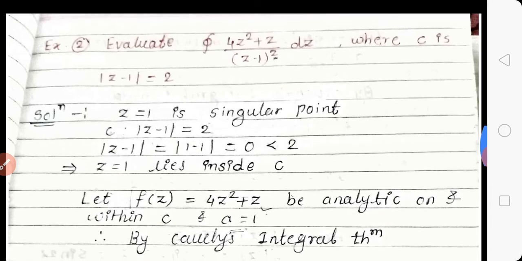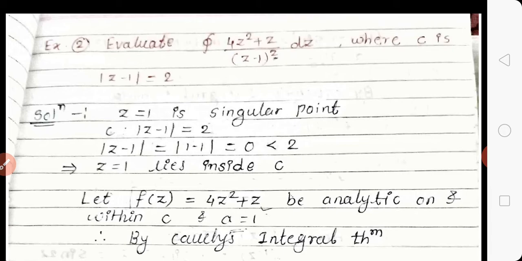Evaluate the line integral over the closed curve C for the function 4z square plus z upon z minus 1 whole square dz, where C is mod of z minus 1 is equal to 2. For this, first we check for z is equal to 1 whether the given function is analytic or not.